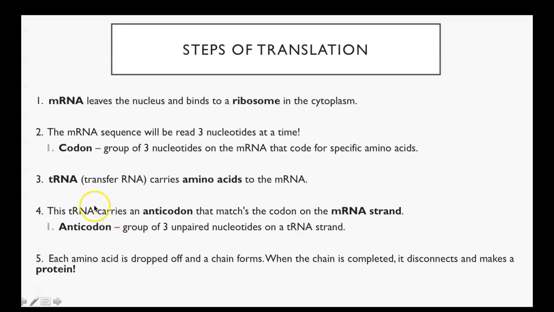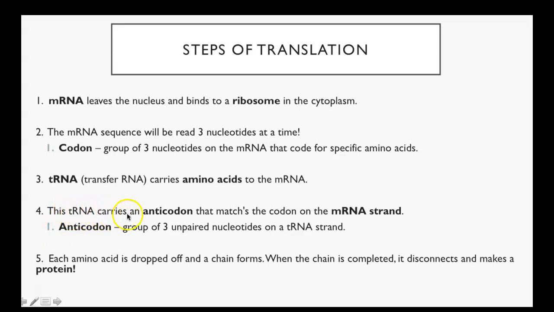Essentially what tRNA does is it picks up amino acids from the cytoplasm, brings them to the ribosome, drops them off, and then leaves. So essentially tRNA are transportation molecules that pick up amino acids and drop them off to begin assembling the protein.